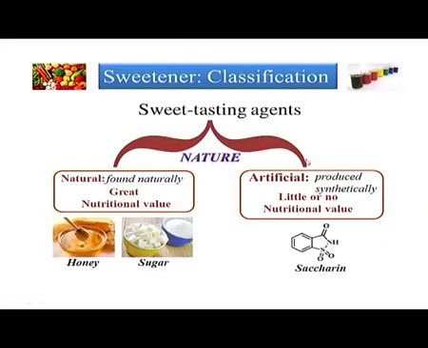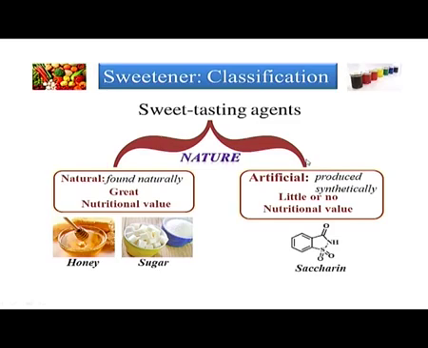So, sweeteners can be basically of 2 kinds. One type of sweeteners are the ones which are obtained from nature, right. So, something like sugar or maybe honey. When we talk of refined sugar, it is not exactly natural, it is quite refined, been processed.